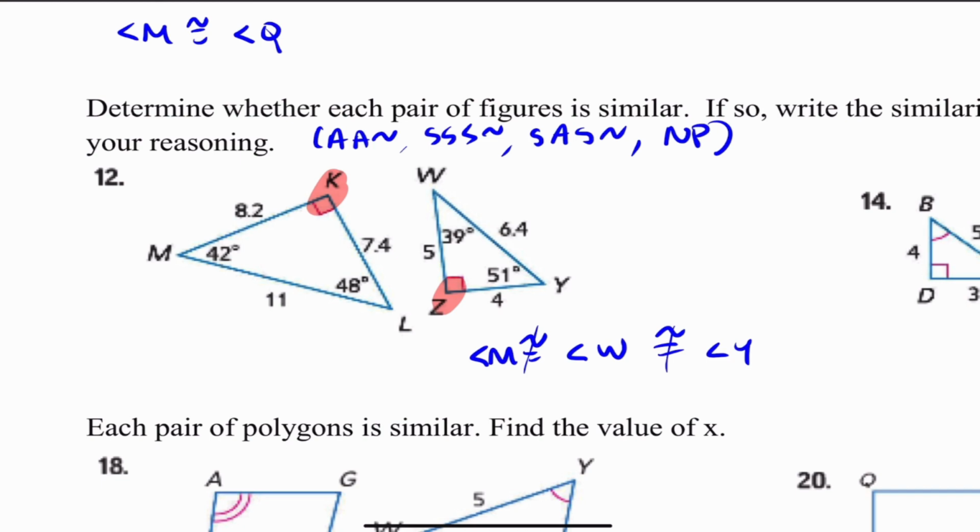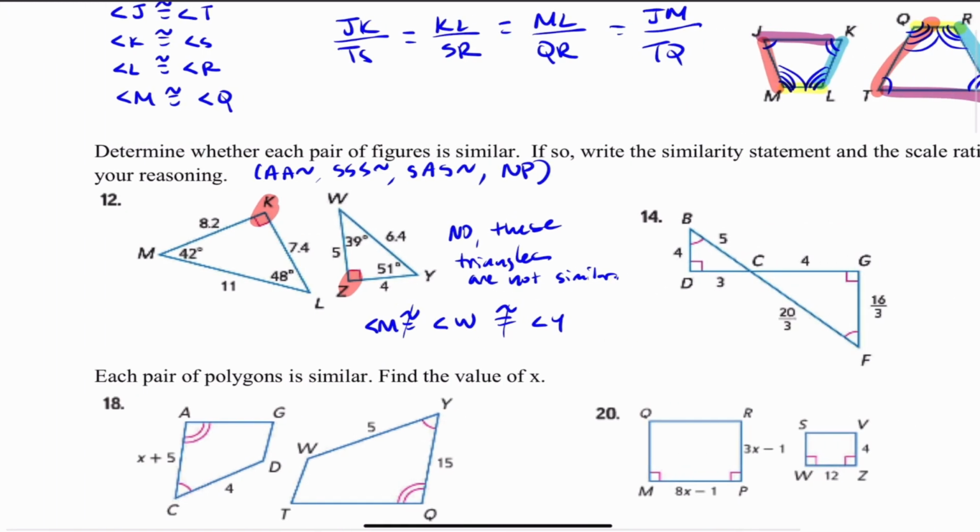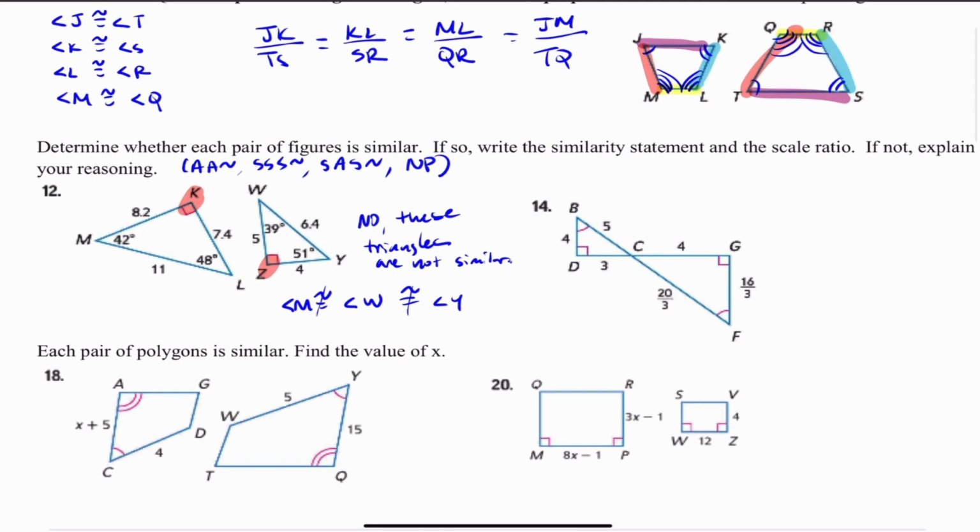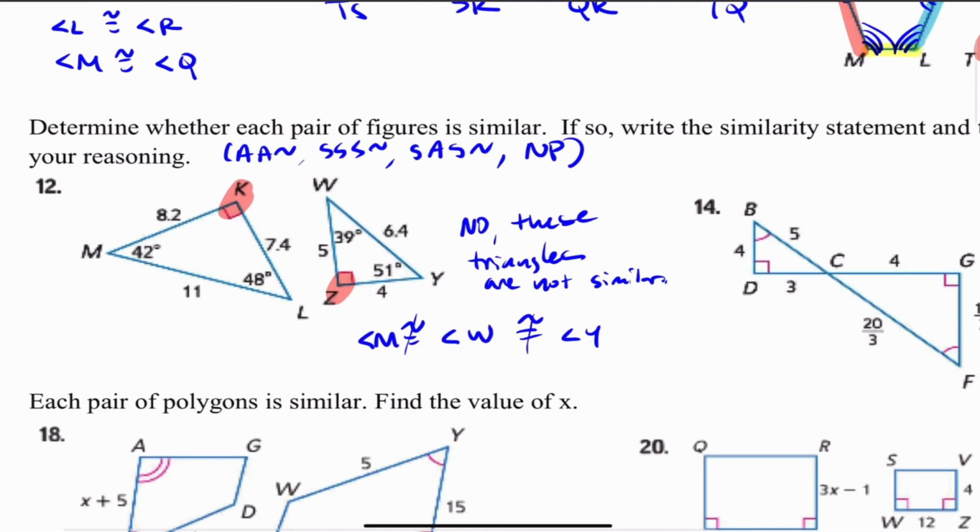Similar figures have to have congruent angles. So no, these triangles are not similar. I can stop right here because they're not similar. If they were similar, I could write my similarity statement and the scale ratio. Hopefully that makes sense.